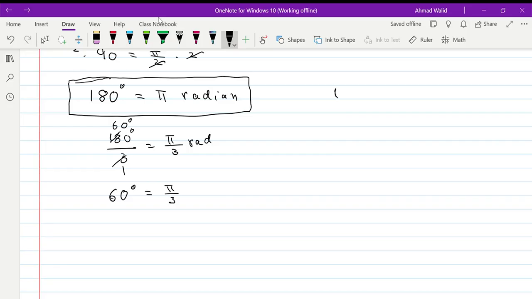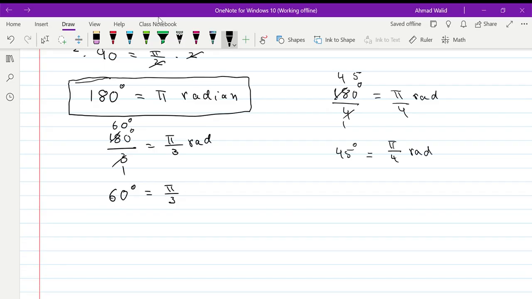I have 180 degree equals pi radian, right? If I divide both sides by 4, 1 time, 4 times, 5 times, it means 45 degree in terms of radian means pi over 4.